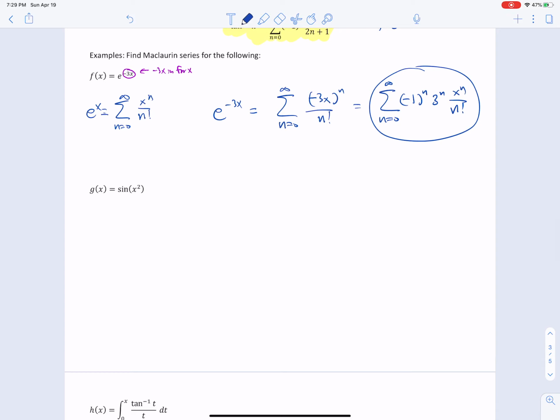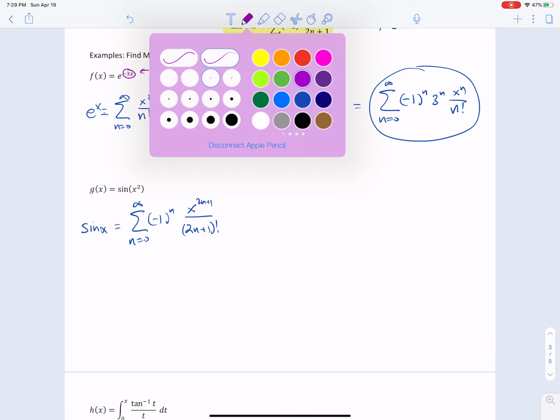Our next example is for the sine of x squared. So we remind ourselves that sine of x is summation n equals 0 to infinity, minus 1 to the n, x to the 2n plus 1 over 2n plus 1 factorial. And again, all we're doing is a little bit of replacement.